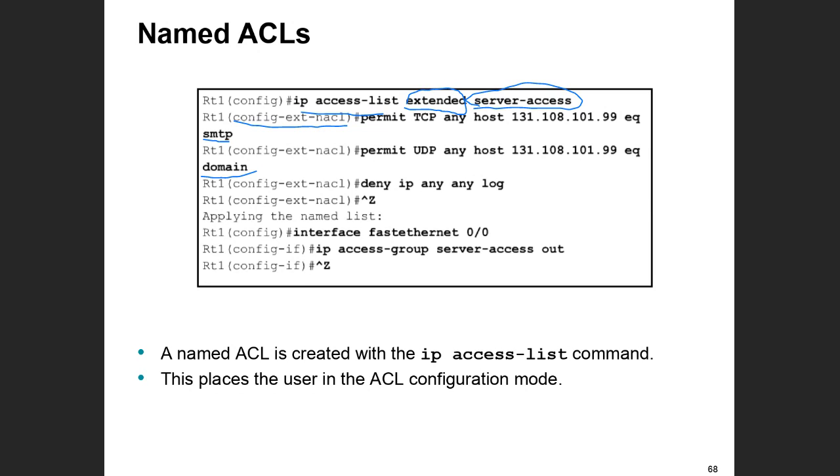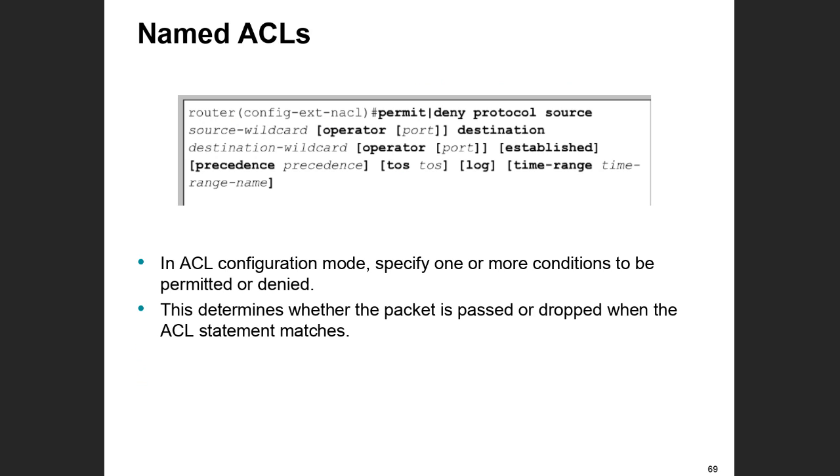And then the last statement says, deny all of the traffic. The log keyword will send it to a log file we can use to troubleshoot our statements to make sure they're working properly. I have to apply it to make it do anything. So he's going to go to the FastEthernet port 0/0 and apply the access group server-access in an outbound direction. So that's an example of using named access control lists.